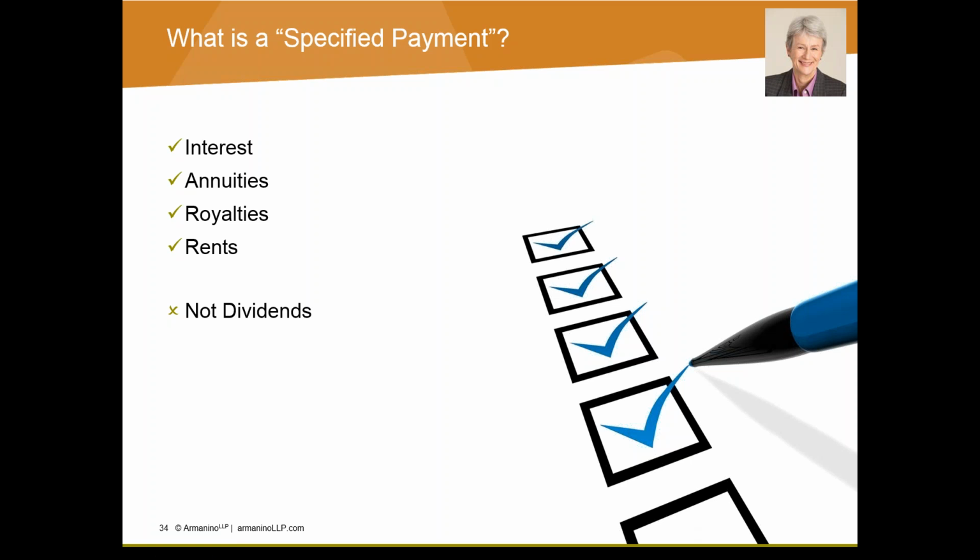We'll use parent, it's a little bit easier. So the payments from the controlled organization that are deductible by that controlled corporation to the parent are specified payments. Notice that dividends are not included in the definition of specified payments. That's because dividends are not deductible. We don't have to worry about them. And we go to the next slide, please.